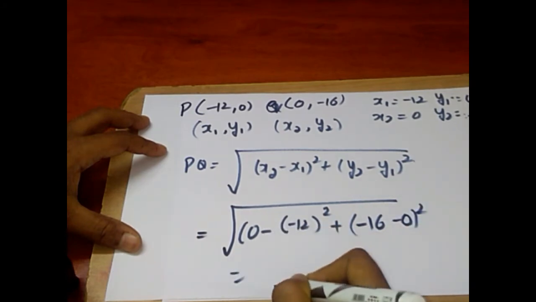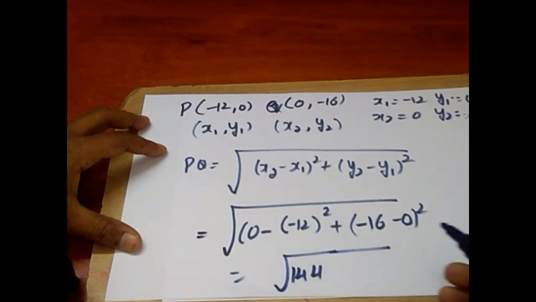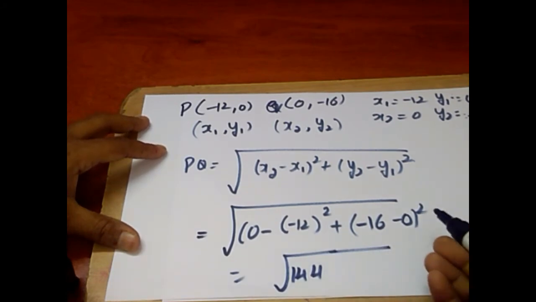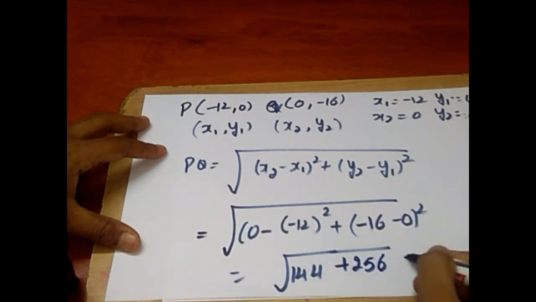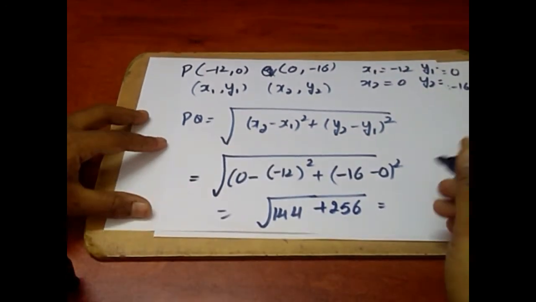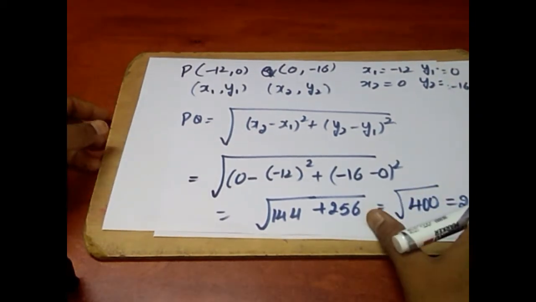So minus into minus is 12, so 12 square is 144 plus here minus 16 whole square is 256. So 144 plus 256 is square root of 400. Its distance is 20. This is question number 10.